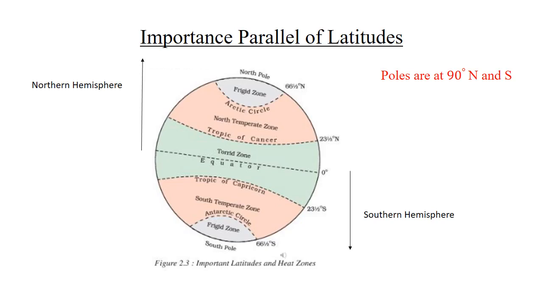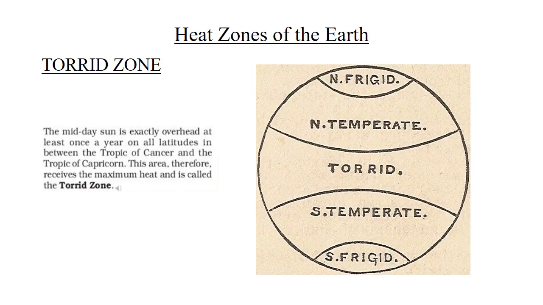In this part of the chapter, we are going to learn about the heat zones of the earth. When you talk about the heat zones of the earth, there are 5 heat zones: the torrid, north temperate, south temperate, north frigid and the south frigid.